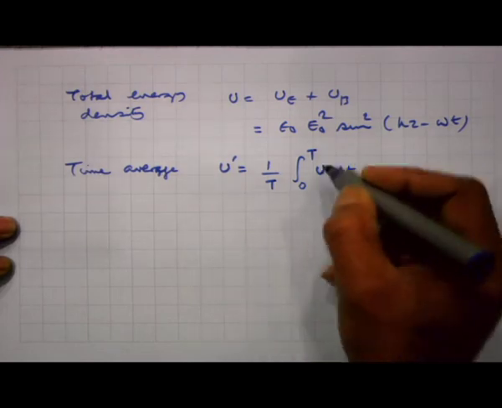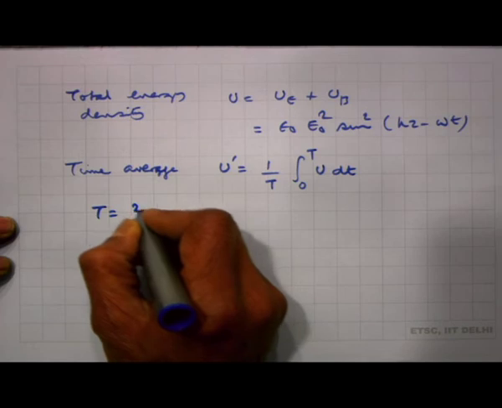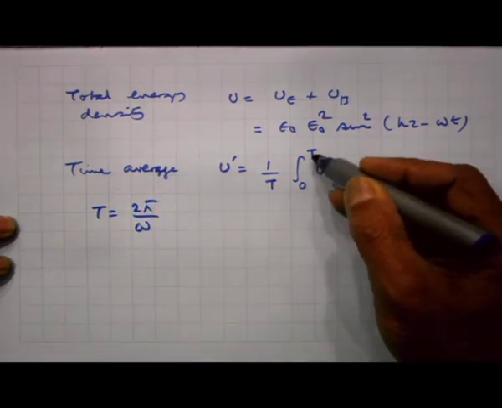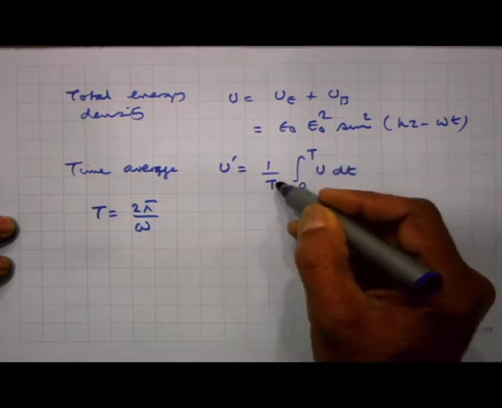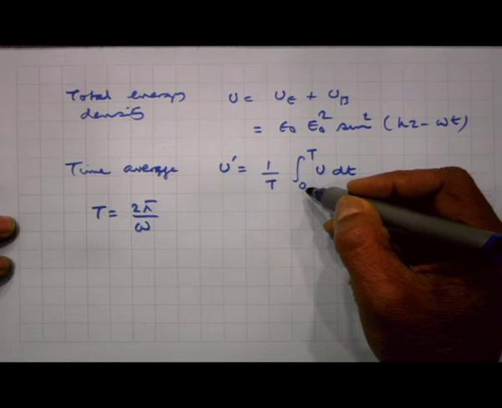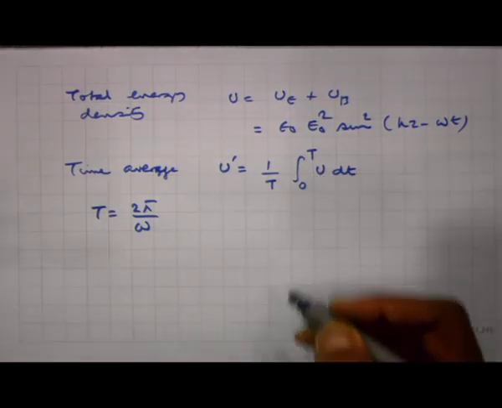I integrate over one period of the wave, where T is equal to 2 pi by omega. I divide by the time of integration, and I get an average value. So, to calculate an average, I integrate over a certain region and divide by the width of that region, and I get an average.